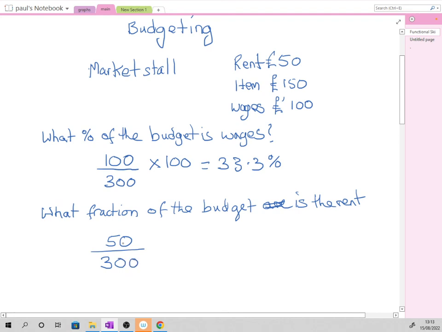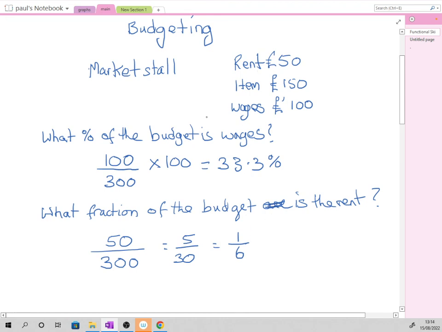So there's our fraction of the budget, which is the rent, and we'd have to simplify this. So I'm going to divide both top and bottom by 10 to say that that is 5 over 30. And I can divide again by 5, top and bottom, so that will equal 1 over 6. So 1/6 of the budget is taken up by the rent. Yeah, so there you go.